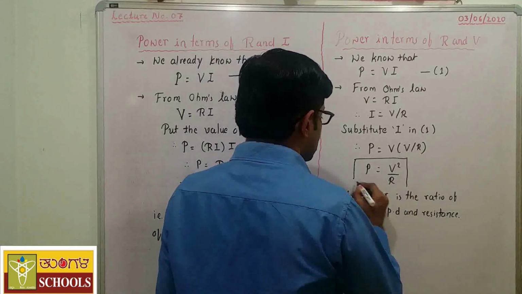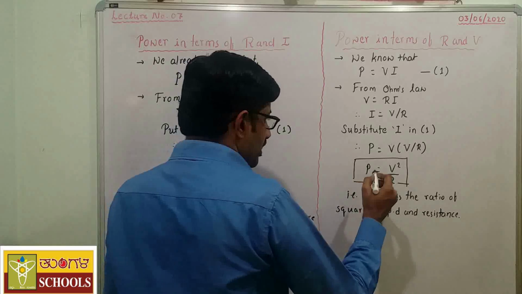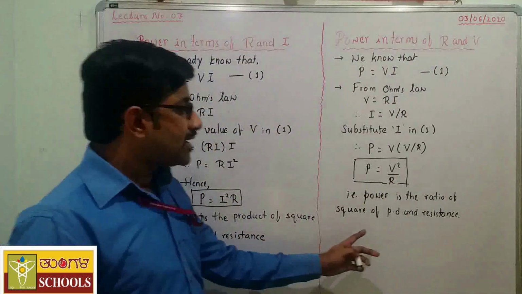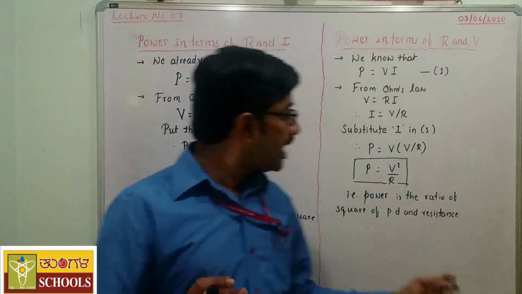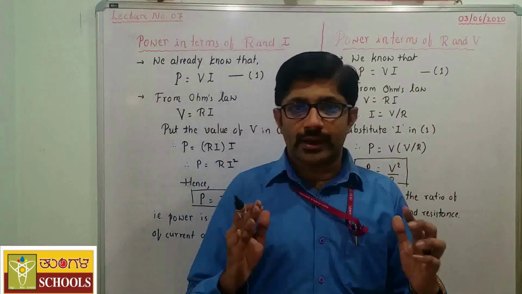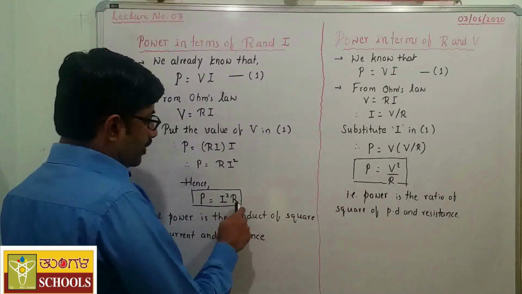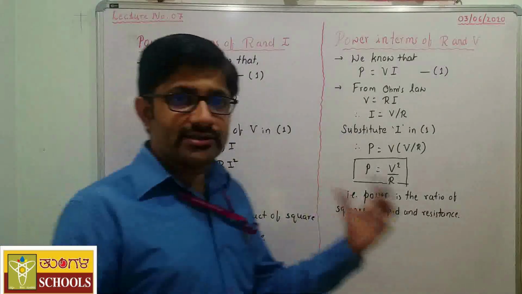These are very simple relations. So P is equal to V square by R, which means power is the ratio of the square of potential difference or voltage and the resistance respectively. Thus we got P is equal to I square R, power in terms of current and resistance.